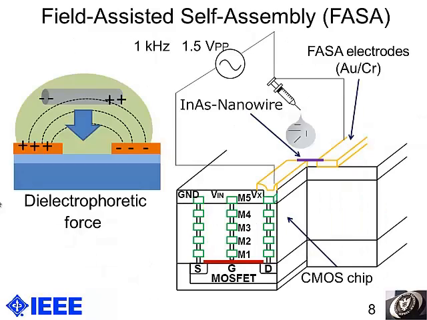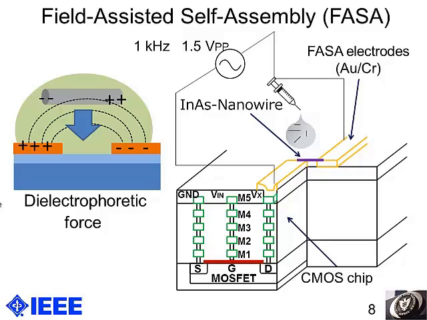Then, we carried out nanowire deposition by the field-assisted self-assembly (FASA) process. We dropped isopropanol droplets containing indium arsenide nanowires onto the CMOS substrate, and then collected them on the gap between the FASA electrodes by dielectrophoretic force.